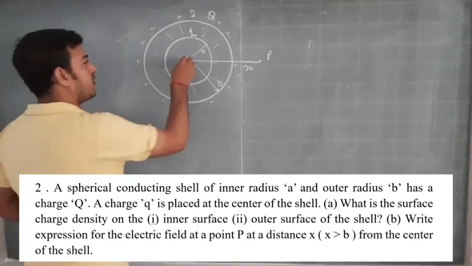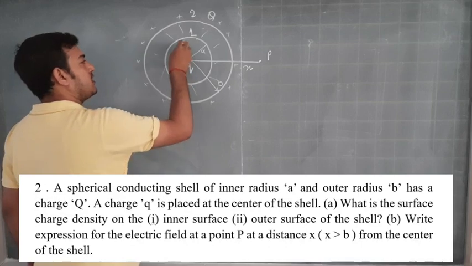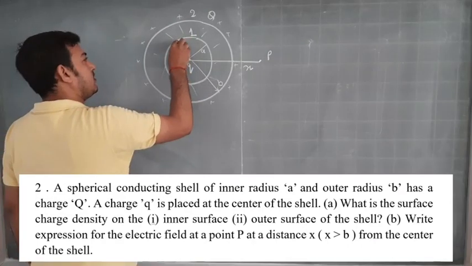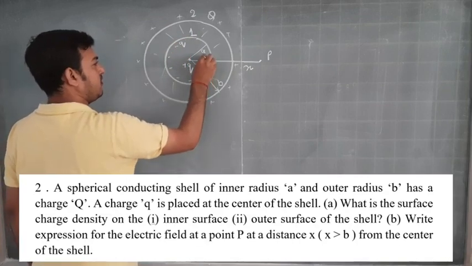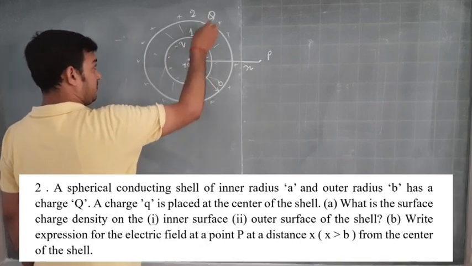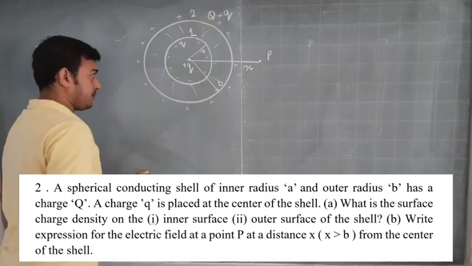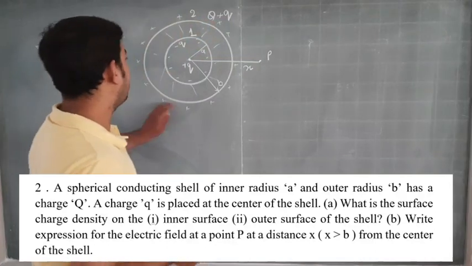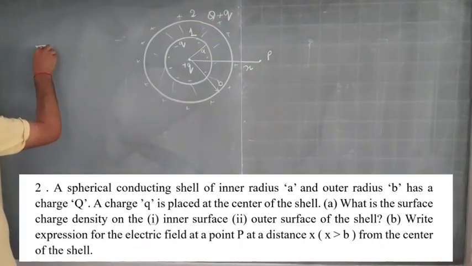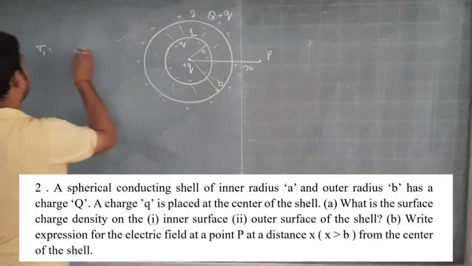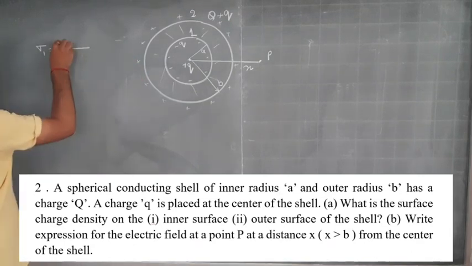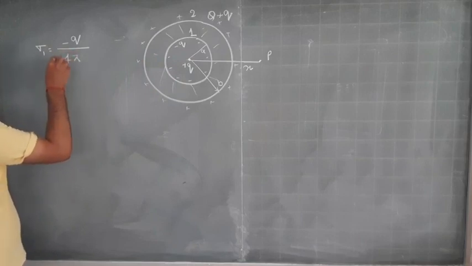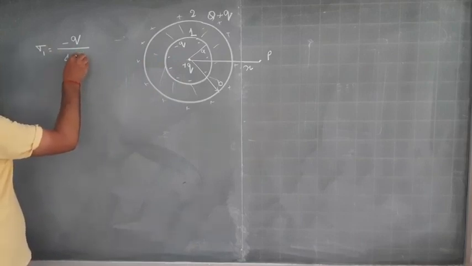So as we have discussed the concept of cavity, as per the concept of cavity and to meet the electrostatics conditions, here the equal minus q charge will appear and this plus q charge will add up on the outer surface. So after introducing the induced charges, the situation will be like this. And if I want the surface charge density of surface 1, then you know that surface charge density is charge divided by surface area, and that surface area is going to be 4 pi a squared.